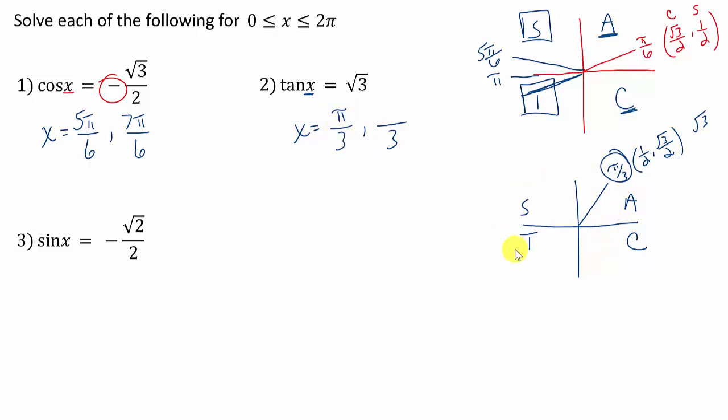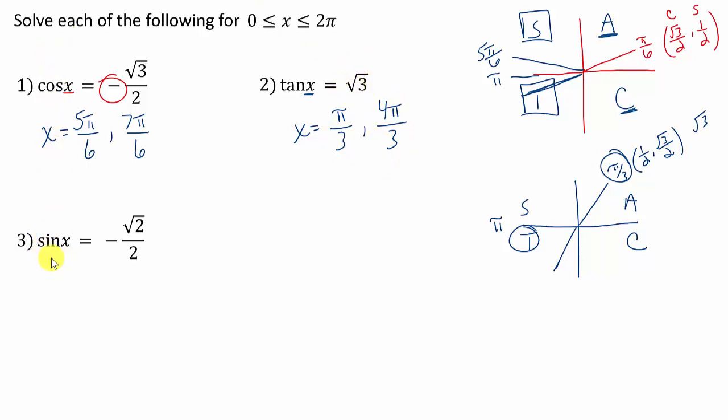Then I need to figure out what other quadrant tangent is going to be positive in, and that's going to be this one. That one is going to be a little bit more than pi, but it's going to have a 3 on the bottom, so that's going to be 4 pi over 3. And those are the two angles that produce a positive square root of 3 for my tangent.